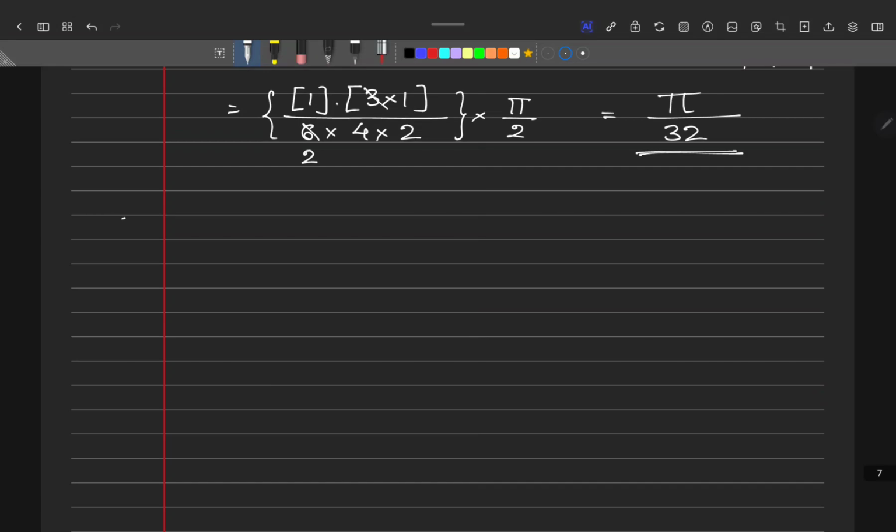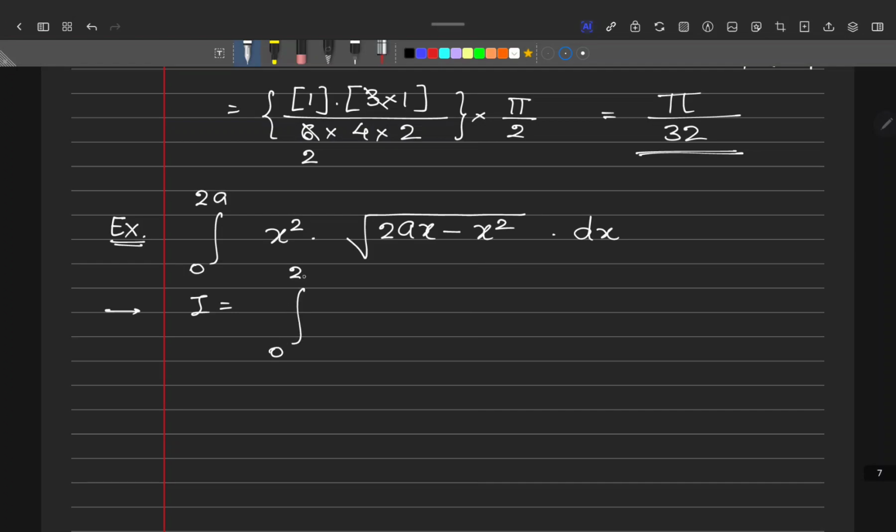Then the next example is the integration from 0 to 2a of x square into square root of 2ax minus x square into dx. Here we can simplify this integration before substitution. So check, the integration is from 0 to 2a, this will be x square.